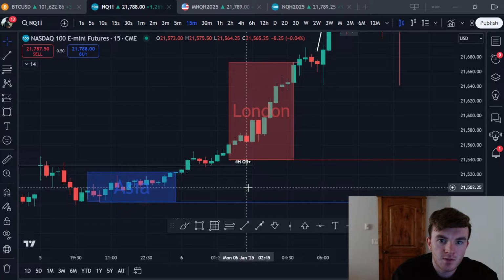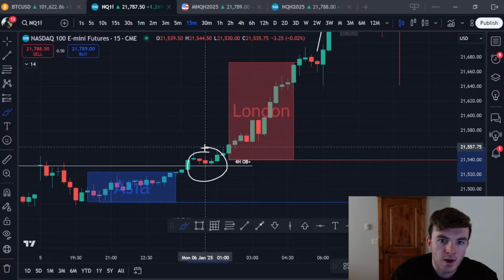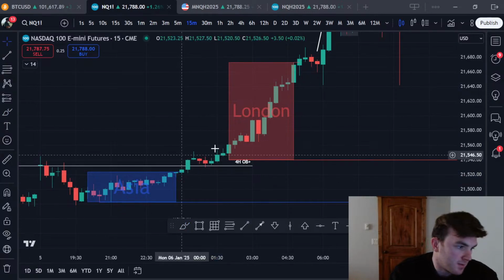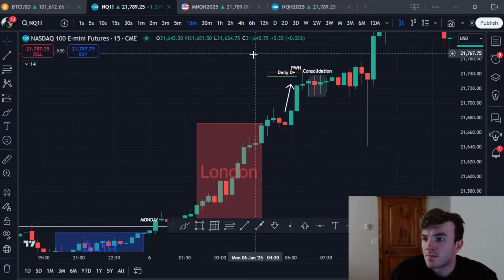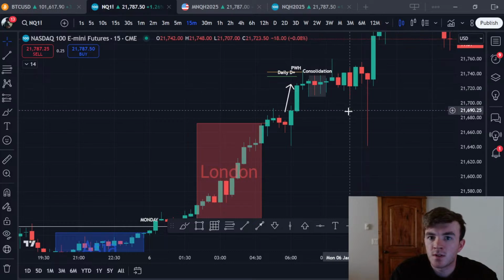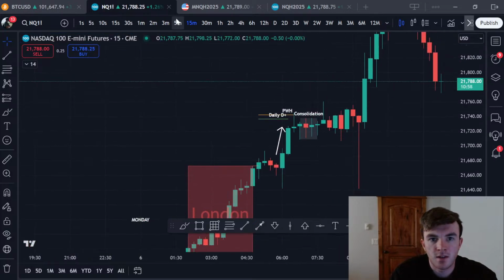So, London was sponsored by this key level, this 4-hour order block. Made us possibly think that it would be a New York continuation day, and it did end up becoming that.